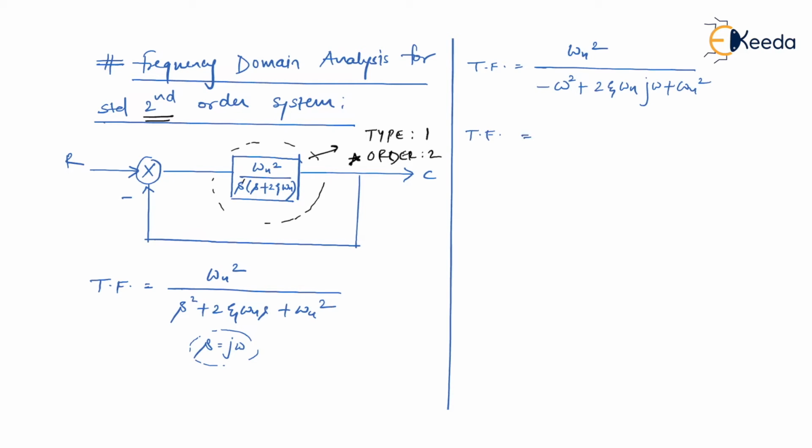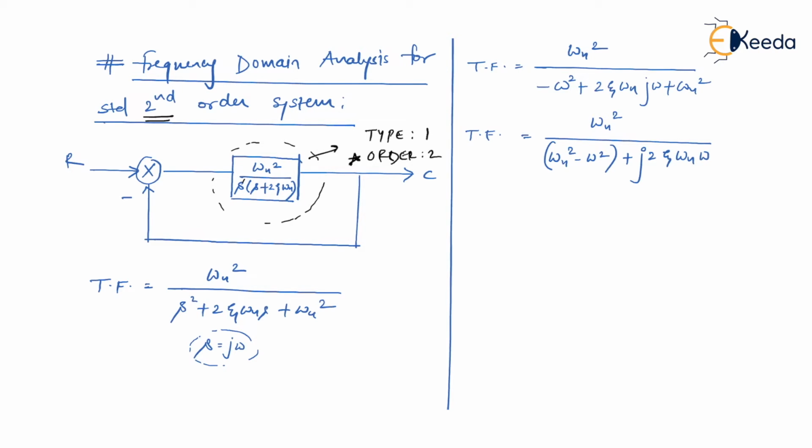Rearranging means I'm taking the real part and imaginary part together in the denominator. If I take the real part together, it is simply omega n square minus omega square, plus the imaginary part, 2 zeta omega n times omega. I hope you get that.